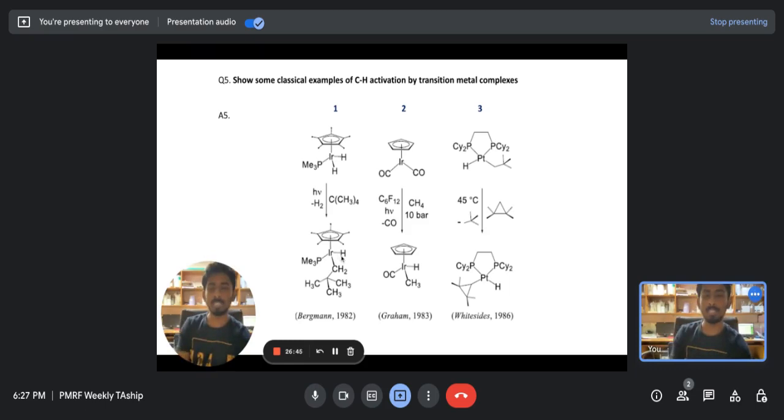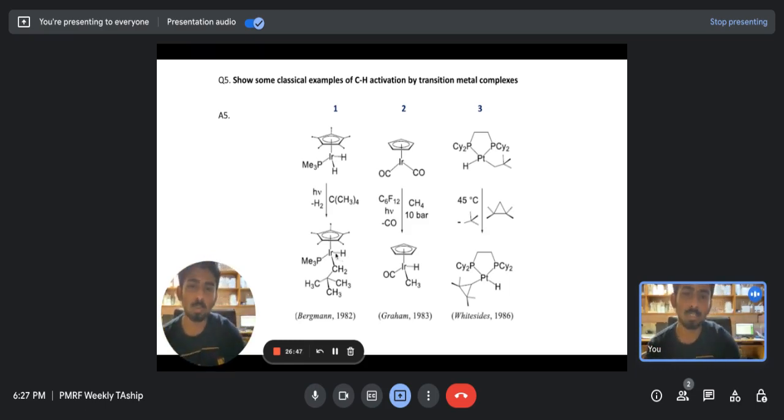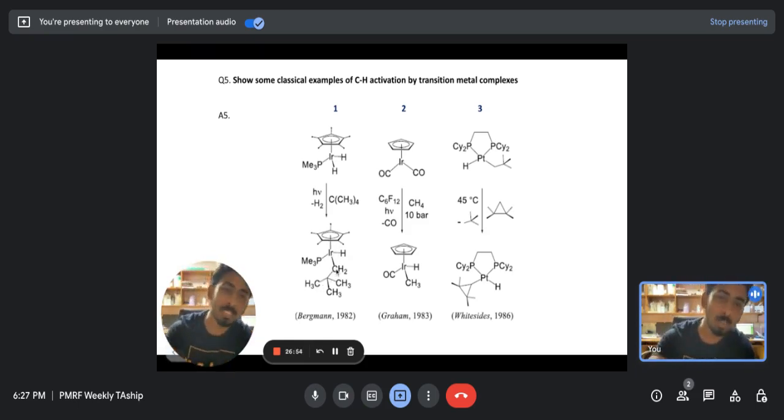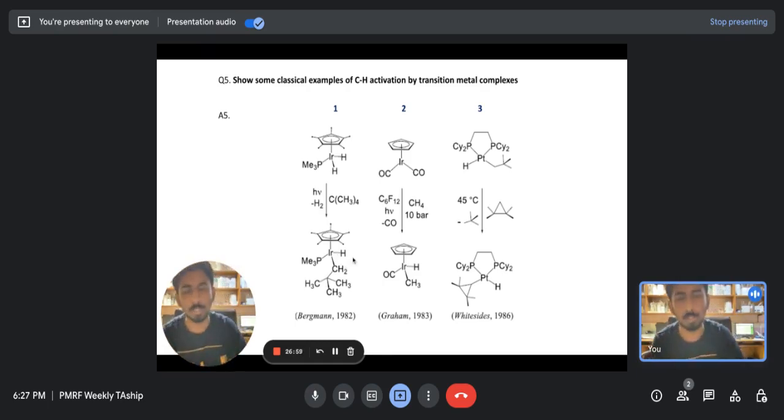a minus charge, and from this hydride we have one minus charge. So this is iridium 3, and this carbon center gets added. This neopentyl group is added to the metal center, and we also have a hydride. So from this 18 electron species we arrive at another 18 electron species, because we put this reagent CMe4 into the reaction mixture, so that oxidative addition happens and we have a metal monohydride and a metal carbon bond.